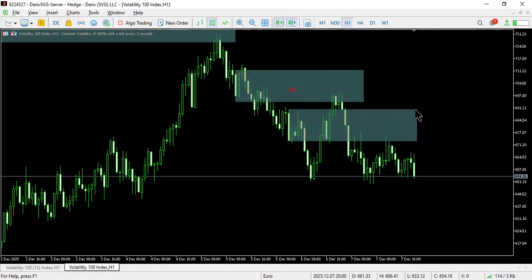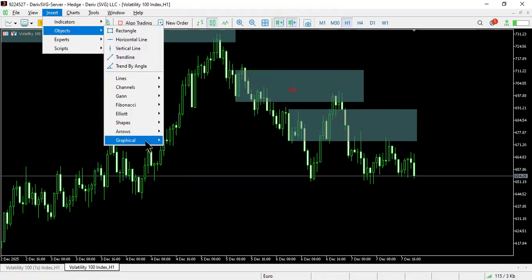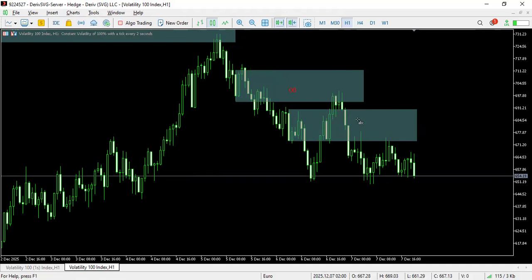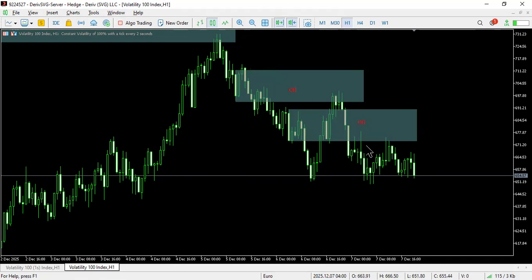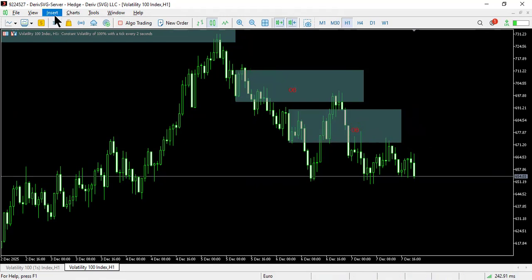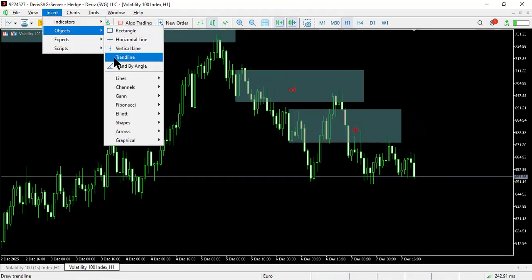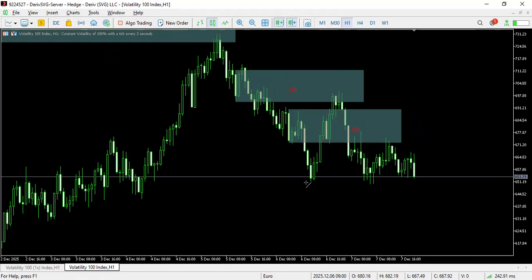So these are the order blocks that price mitigated already. Right now, price has not broken new lows. Therefore, I'm expecting price to still push further down.